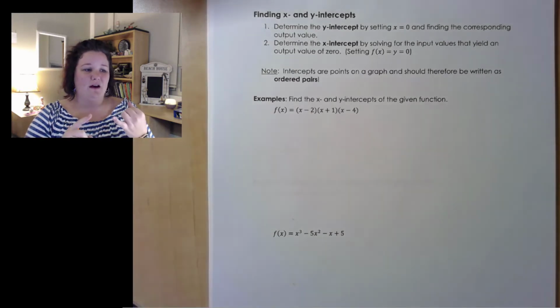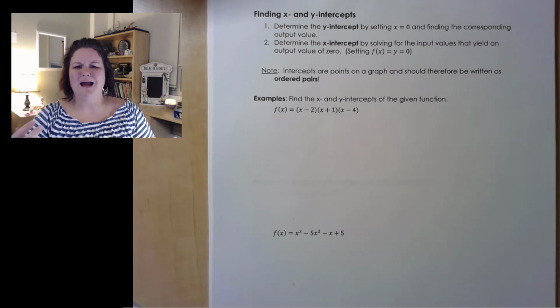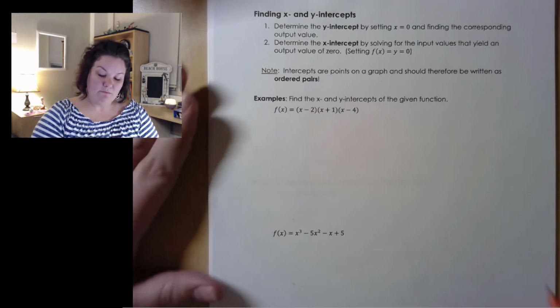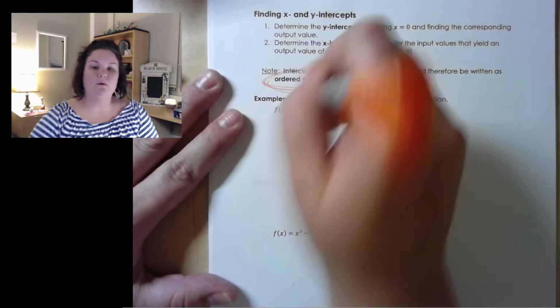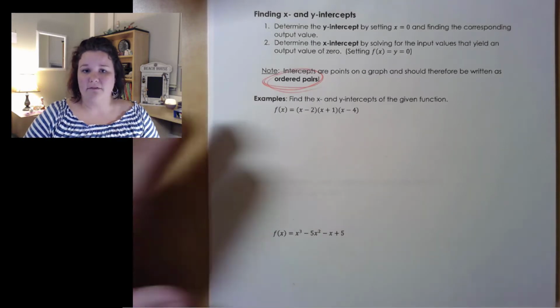We've done it with straight lines, with linear functions, and then we did it with quadratic equations and quadratic functions. So now we're just looking at those higher order functions, but it's still the same idea. Remember, they should always, always, always be written as ordered pairs because they represent points on a graph.